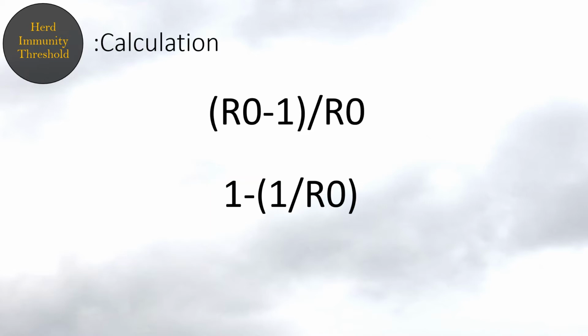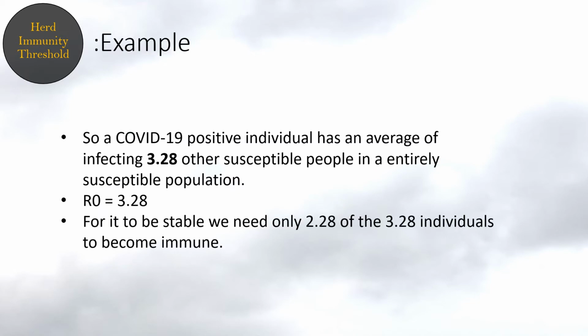Now the calculation is as follows. It uses the R0, and it's R0 minus 1 divided by R0, or 1 minus 1 divided by R0. So I'm going to be using the top one. I'm using an example here of COVID-19 because, as with before, R0 is for an entirely susceptible population, and it appears that everyone is susceptible for the COVID-19 outbreak or pandemic.